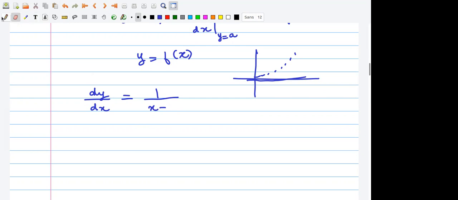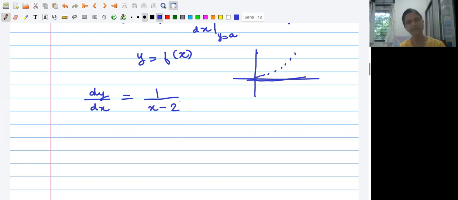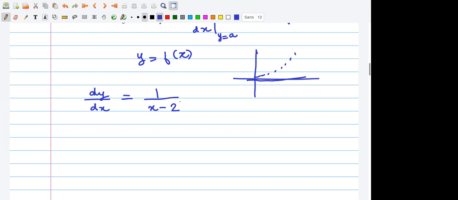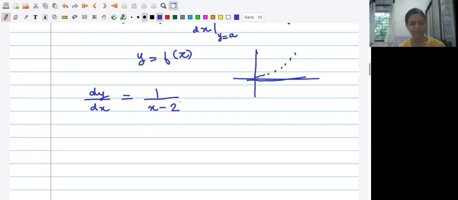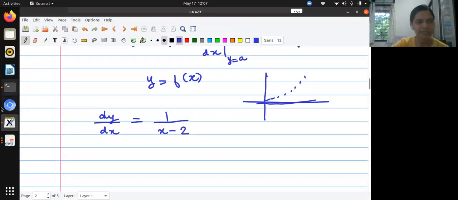So here at x equal to 2, it will be a vertical line. Okay, this is quite simple. I don't think it should be a problem here. In fact, I think we did discuss something like this in class.